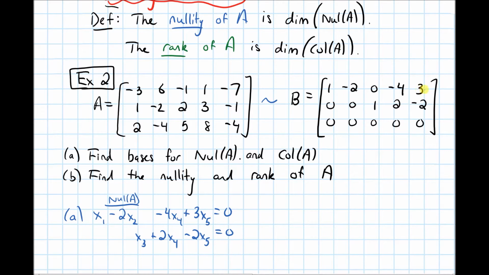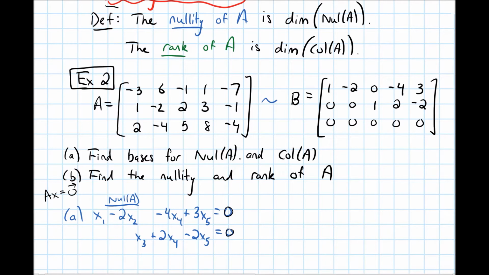For the null space, I definitely want to use my row reduced form. With the row reduced form, I've written down the equation for each row. Remember that when I'm finding the null space, I'm solving the equation AX equals 0, and that's why I've written this equals 0 on the right-hand side. Next, I want to isolate the pivot variables.